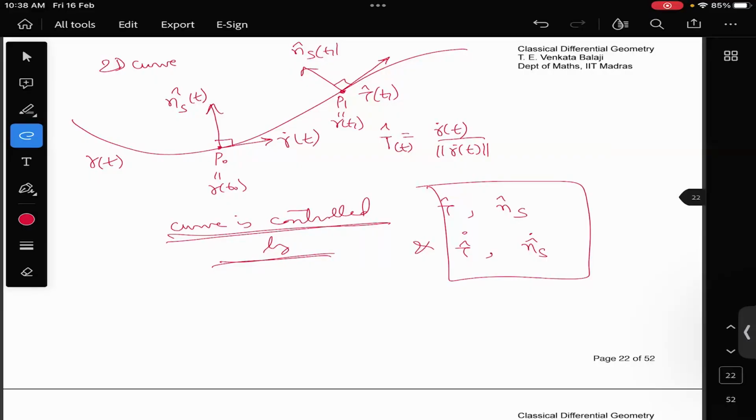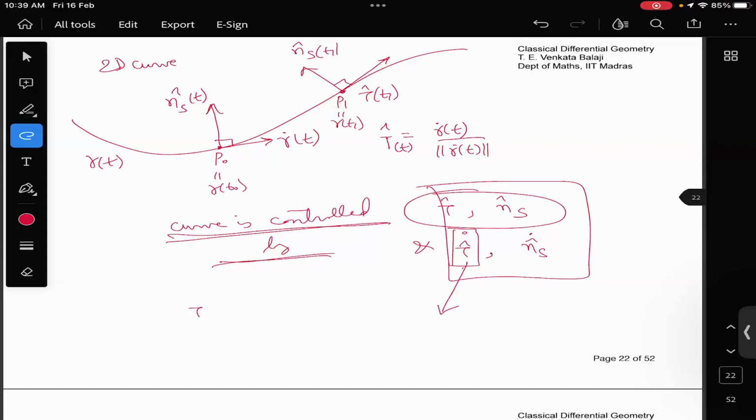Just think about it for a moment. This T cap dot is what? It is a derivative of T cap. It's also a vector, but you see T cap and N cap are two vectors. Mind you, I am only on a plane curve. If I give you two linearly independent vectors, any vector can be broken down as a linear combination of them.